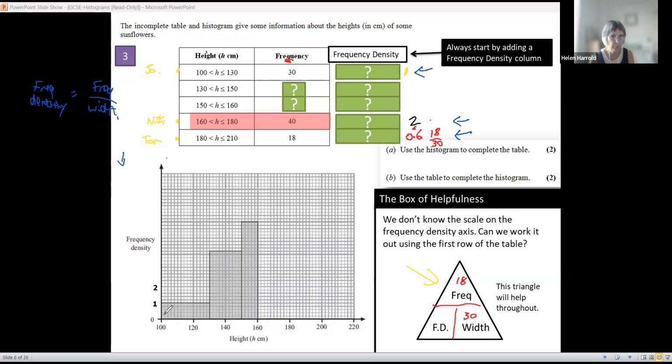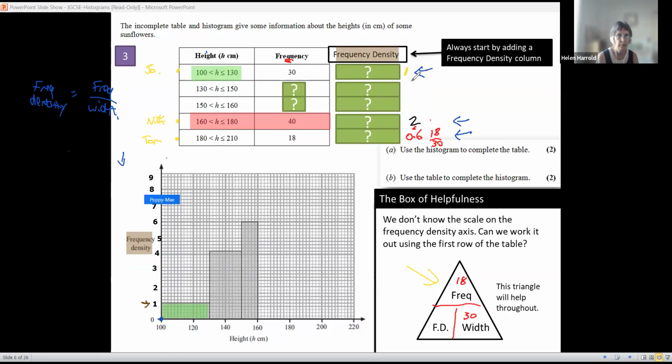Yes. So this bar here, this is the 100 to, so let me color code it. So this one here is this bar here, because it's 100 to 130. And this is frequency density, which is what this is. And we've just figured out it's 1. So therefore, this bit here must be 1, because this bar here goes up to 1 on the frequency density.